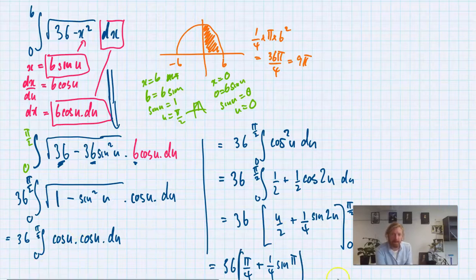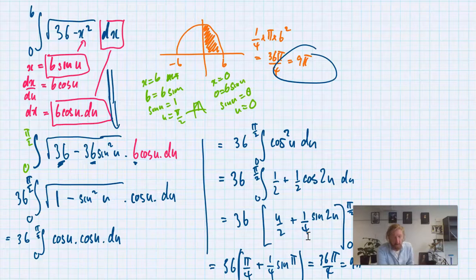The sine of 0 is 0. Sine of pi, what's sine of pi? Sine of pi is 0. So that equals 36 pi on 4, which is equal to 9 pi, the same as up there. So that's a really nice one. Okay, guys. Integration by substitution. Thank you.